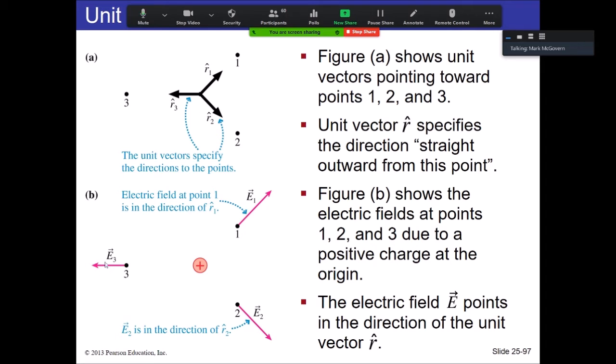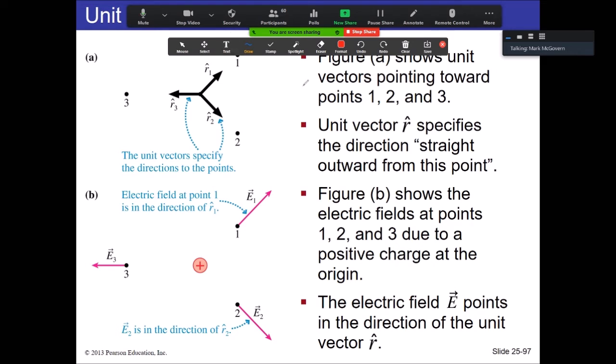Now, in some cases, it's very easy to figure this out. Like over here, if you look at electric field 3, R hat is actually negative I hat. Simple, right? If you look at number 1, though, it's a little more complicated. There's a lot of situations where you can express things as R hat, but if you're going to have to start solving problems, eventually you do have to break things into I's and J's.